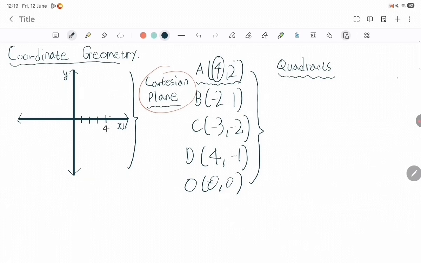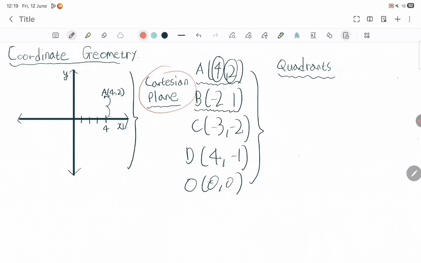And then vertically, we go 2 steps up. So 1 step up and 2 steps up. Then here you get A. Coordinates are (4, 2). Yep.